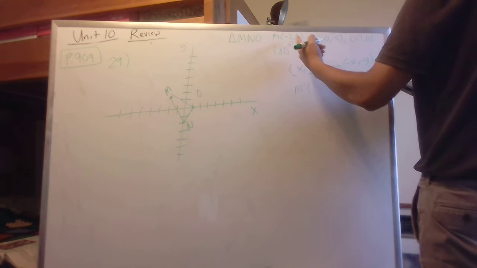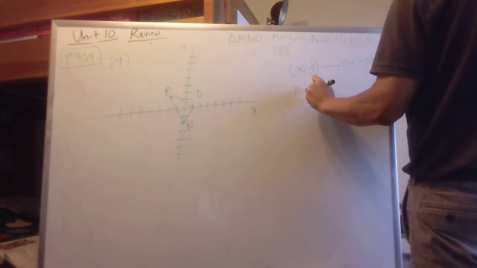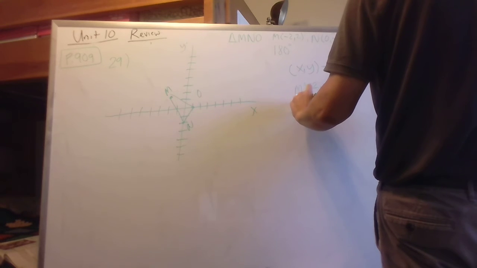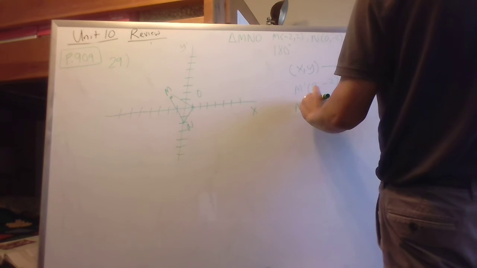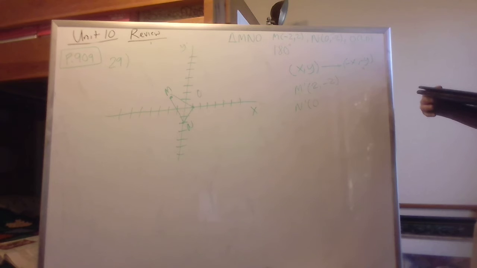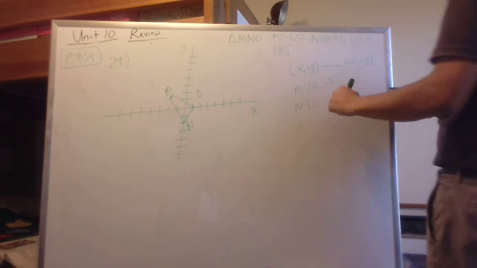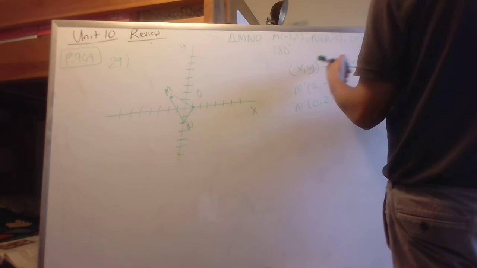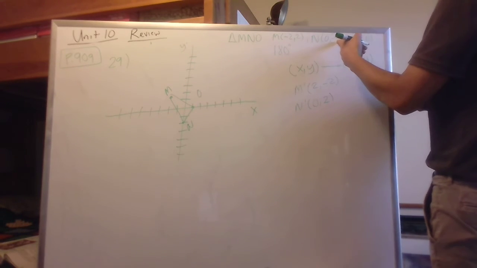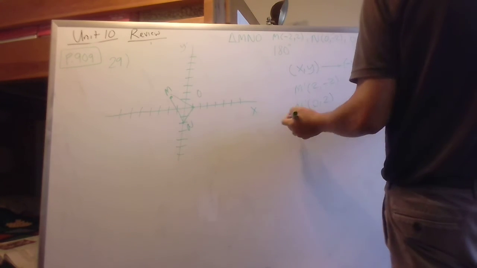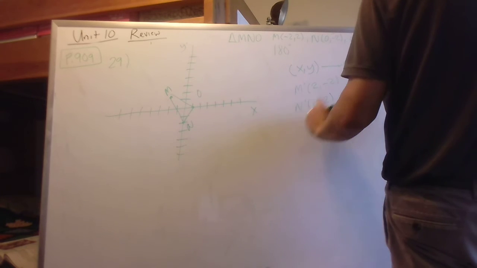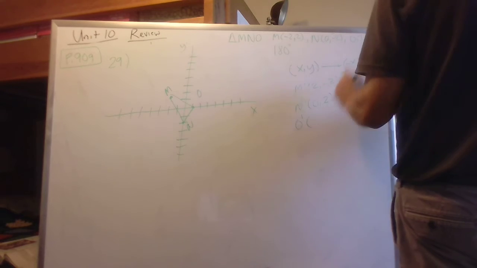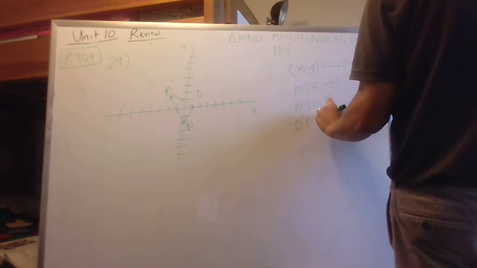If M is at negative 2, 2, we're going to have it at 2, negative 2. Since N is at 0, negative 2, 0 doesn't matter if you multiply it by negative or positive, it's still 0, so we leave that. Since it's negative 2, we change the sign because it's going to be negative y. Negative times negative is a positive. So we have 0, 2. And then for O, we have 1, 0, so it's going to be negative 1, 0.